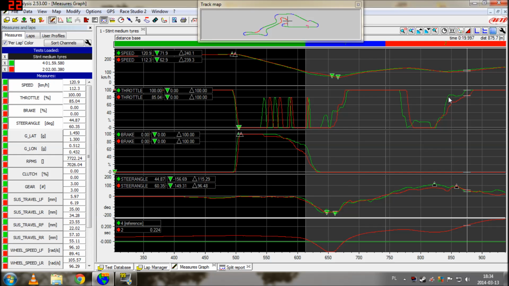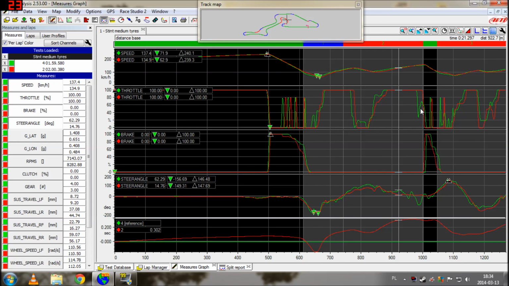This small dip, from here it should be flat. It shouldn't be this deep here. So actually the throttle work is better on the red lap, but it was slower. So that's why the gap goes up. Okay, so we exit turn number 2.